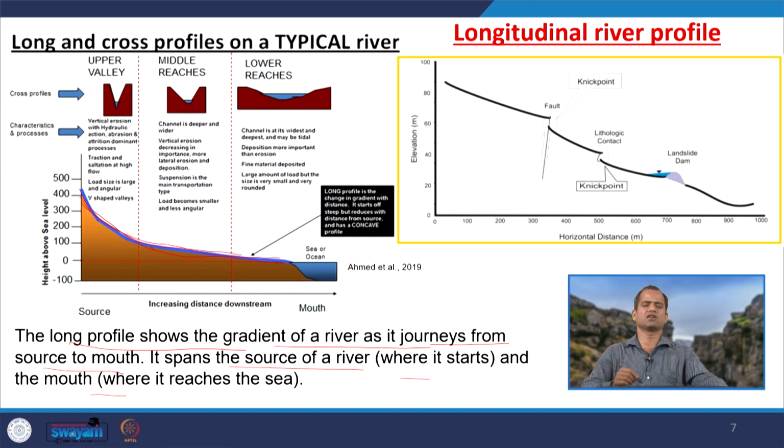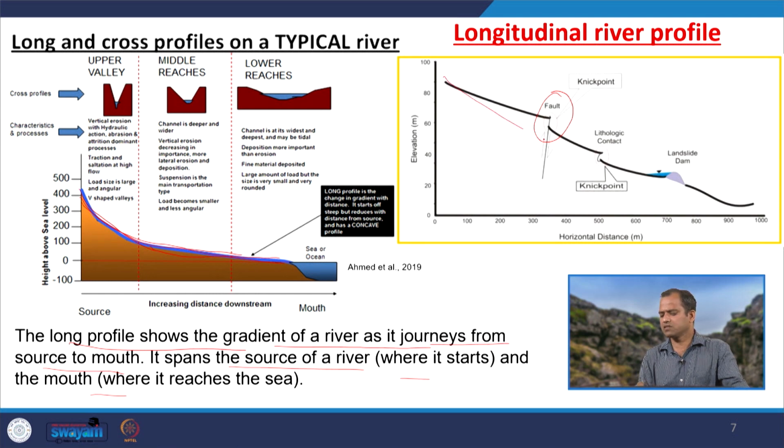However, within that concavity, if there is a fault line, you may find a local convexity. For example, you see overall it is concave upward, but within that concavity there is a local convexity, which is a fault. Similarly, here there is a local convexity, that is the lithology contact.